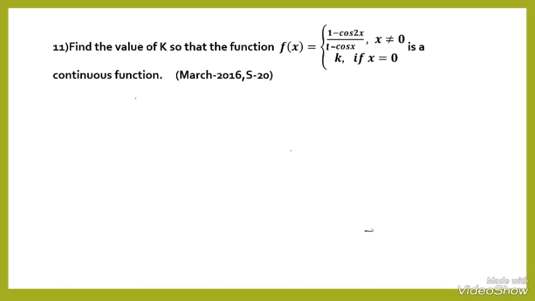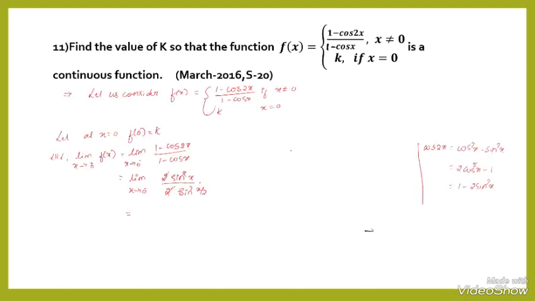Now 2 by 2 gets cancelled. Then here 2 sine square x and 2 sine square x by 2.